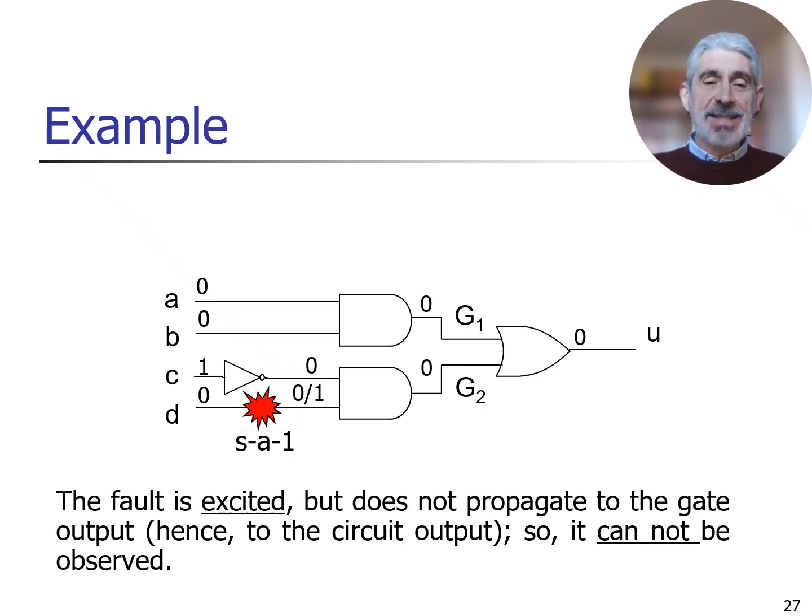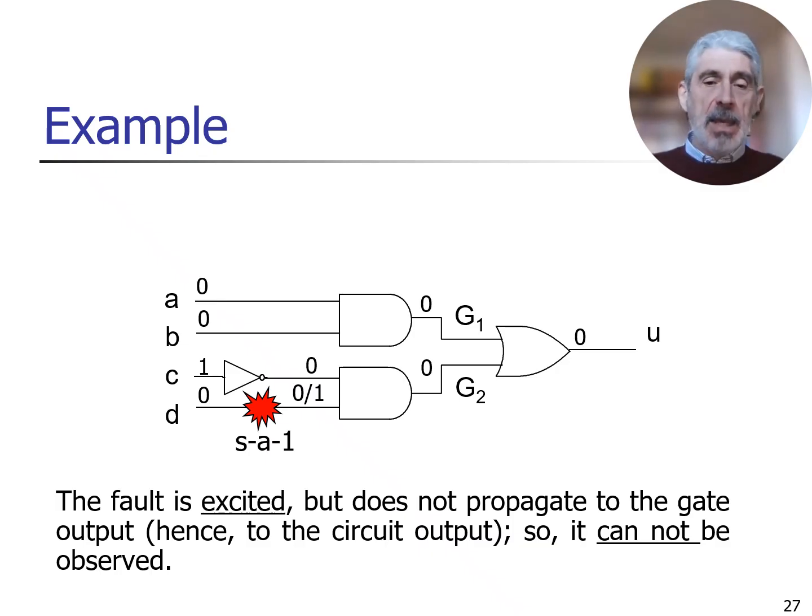In order to excite the fault, I need to force on D the value 0. In this case, I will create an error on line D, because in the good circuit there will be a value 0, and in the faulty circuit a value 1. Now the problem is to make this error visible, propagating it up to the output U. Using this vector, this is not feasible.